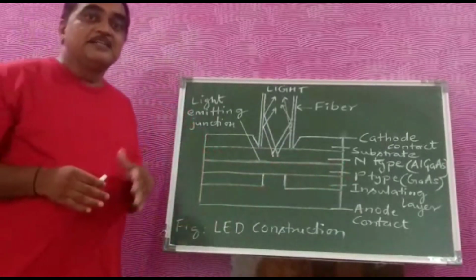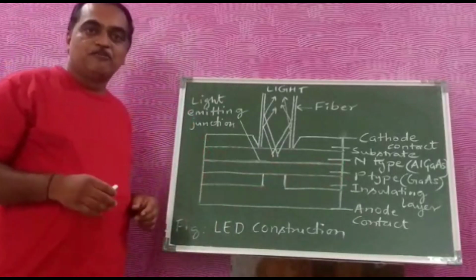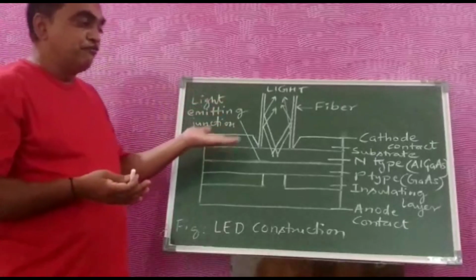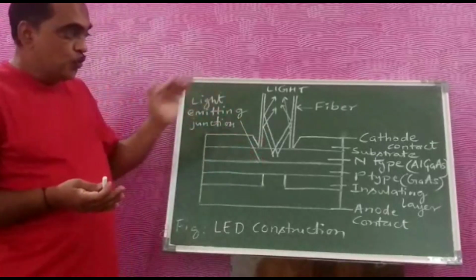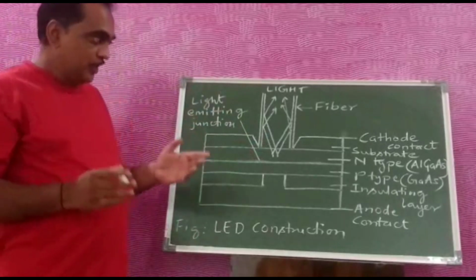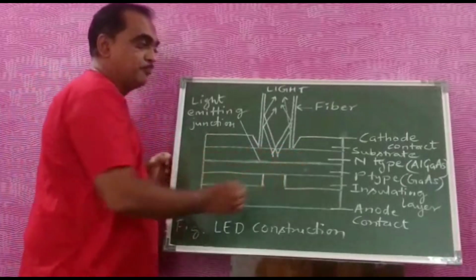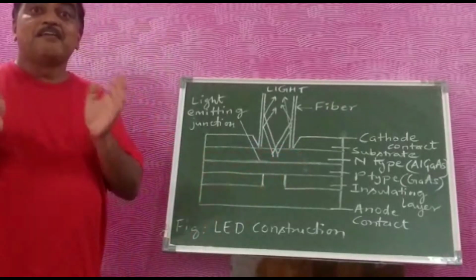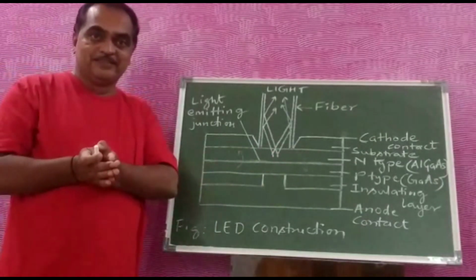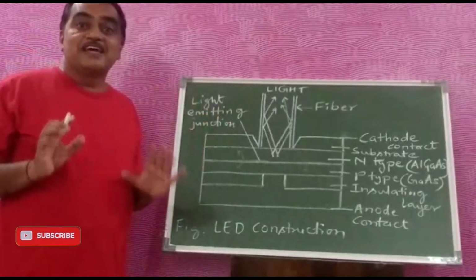Now these materials are such that, as we saw in our basic study of a PN junction, whenever an electron from the N-type crosses over and goes to the P-type region, into the hole section, and recombines with the hole, the energy which is released in an LED is light.